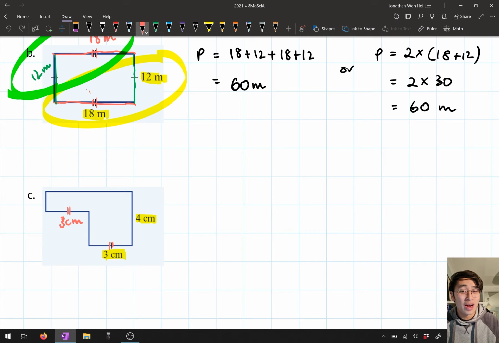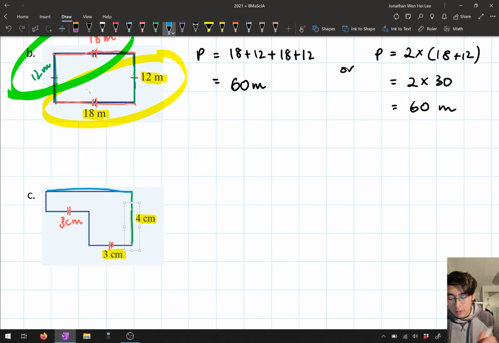Now, here is where it gets a little bit tricky. Now notice that I've got 3 missing sides here. I've got this side here, and this side here. Now I've labeled them in different colors for a particular reason. If you have a look at the green sides, if I drag this along here, to put it here, drag this along over here, put it over here, what do those 2 green sides add up to make?